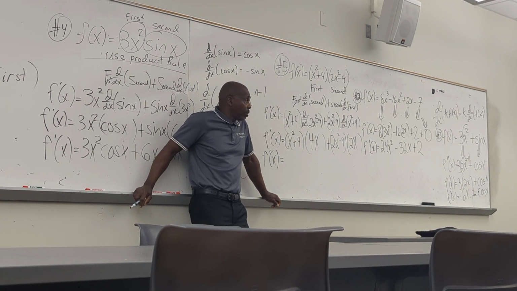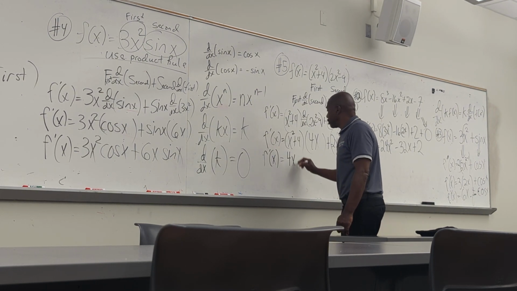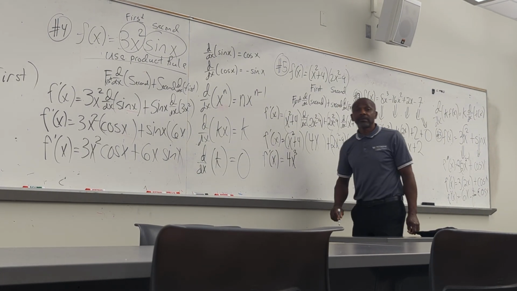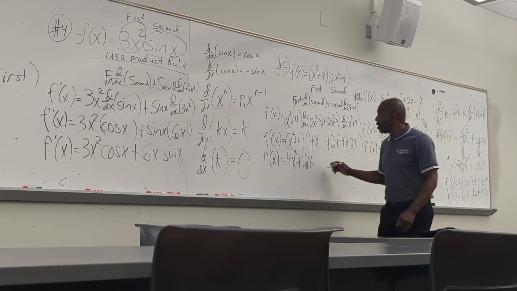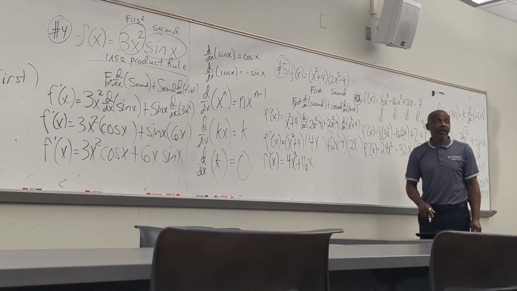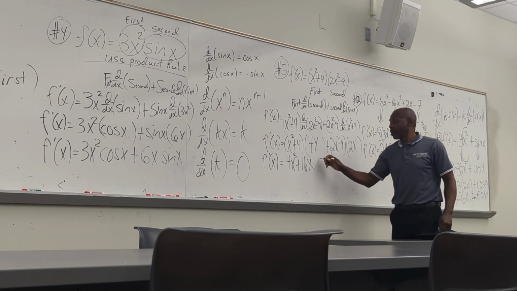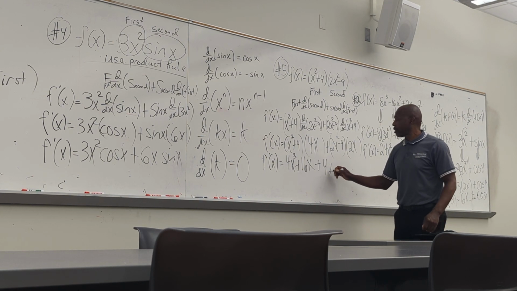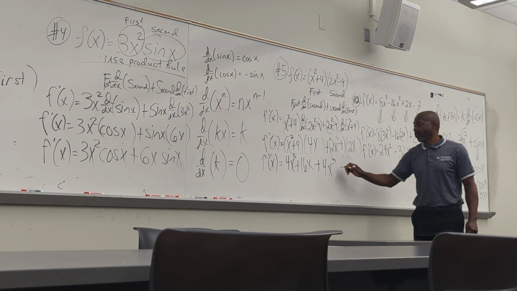And we multiply the other part out, we get 4x cubed minus 18x.